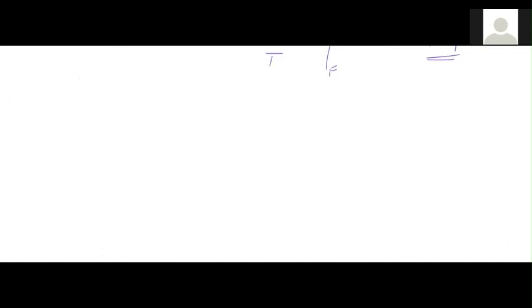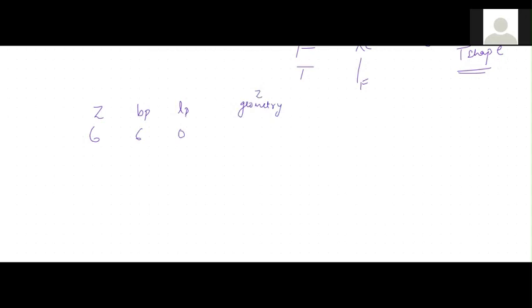Now, one more type of Z value: Z value 6. We don't have a lot of cases for 6. Bond pair 6, lone pair 0. Geometry, which depends upon both lone pair and bond pair, is octahedral.